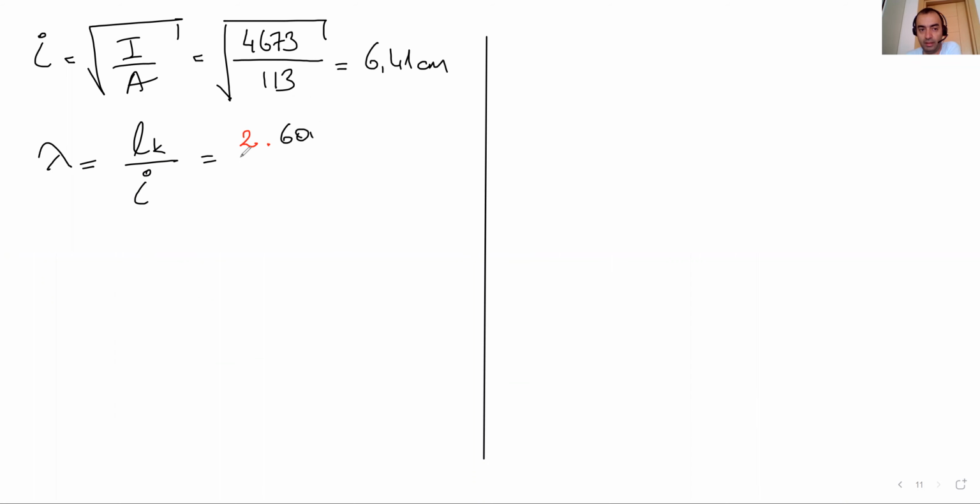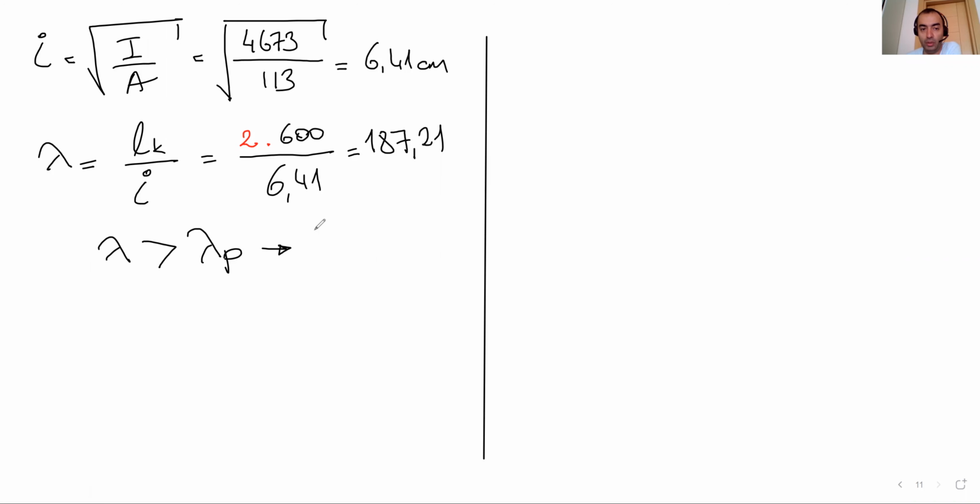Divided by i, here the slenderness is 187. The lambda is greater than lambda p here. So what method are we going to use?